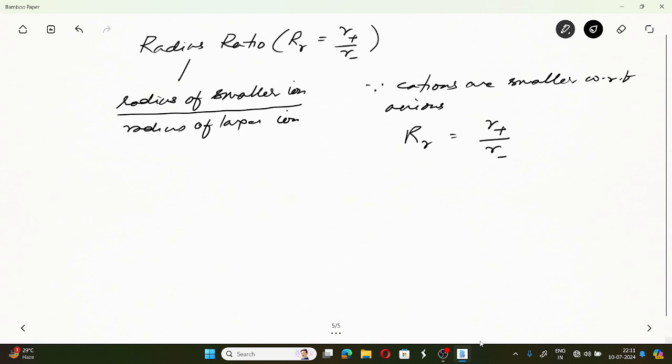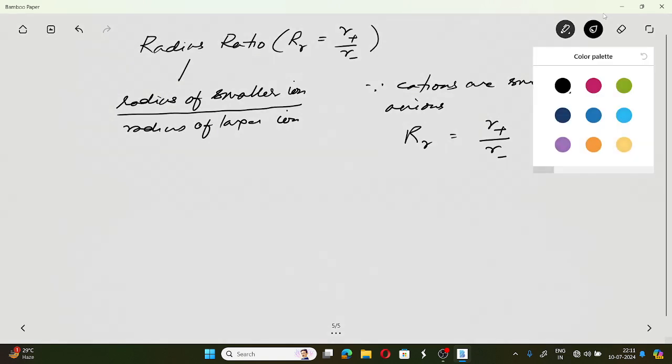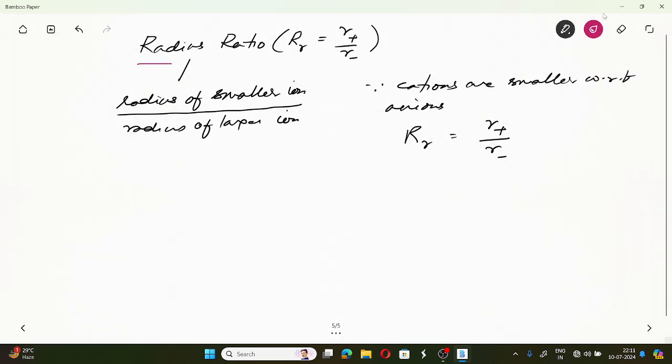Okay. Now, what is the advantage of this radius ratio? By calculating the values of radius ratio, we can have some idea about the coordination number around the cation.